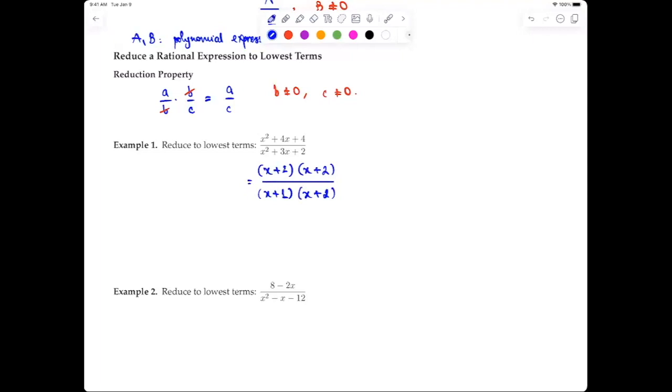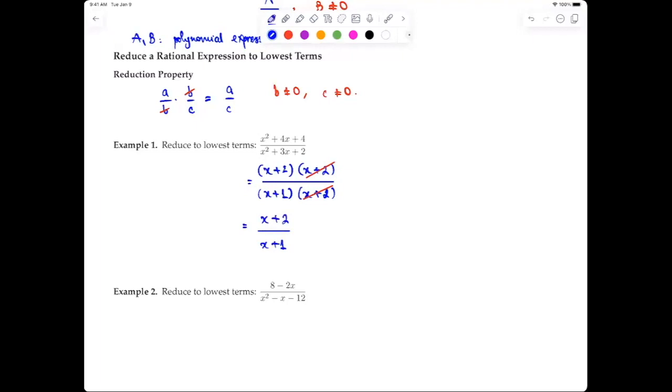Now you have x plus 2 in the numerator and x plus 2 in the denominator, and in between there's multiplication, not addition, not subtraction. Therefore, you can cross out x plus 2. You're left with x plus 2 divided by x plus 1.